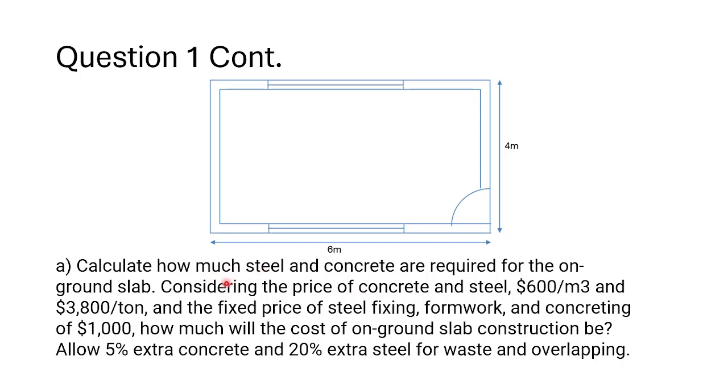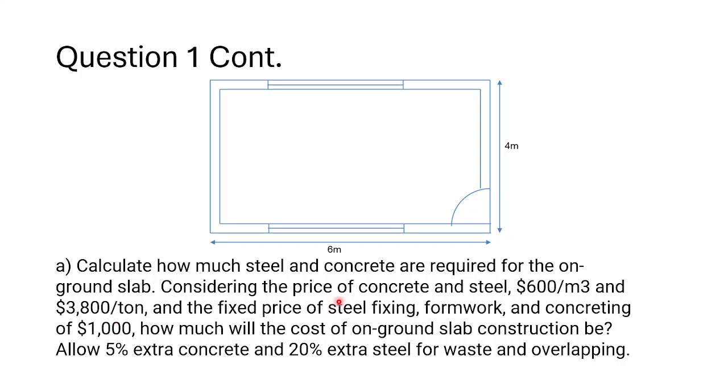If he puts it like this, then your concrete would be $600 per cubic meter and your steel would be $3,800 per ton. Another clue you can look for: concrete is usually sold in the market in terms of cubic meters, and steel is sold per ton. So you don't get those things mixed up.